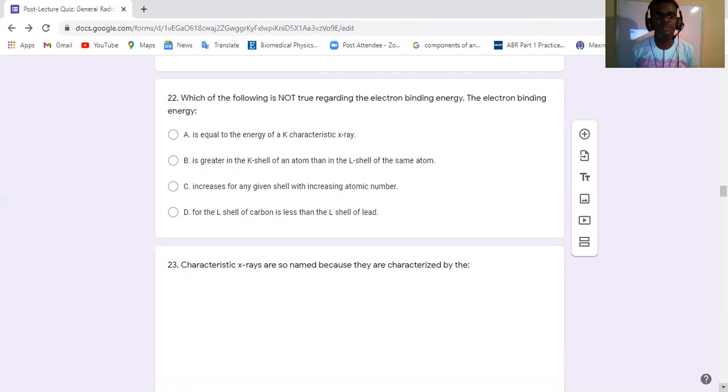Well, that one doesn't make sense, so it is A. But for purposes of understanding, it is greater in the K shell than the L shell, and increases for a given shell with increasing atomic number. For L, it's less than that of K. Okay, 23.